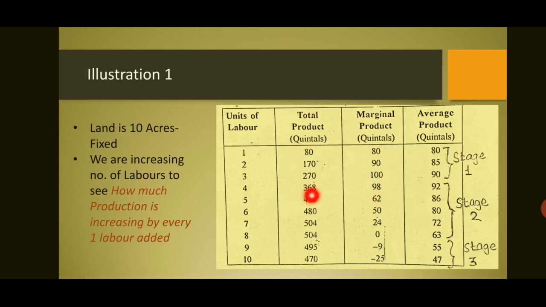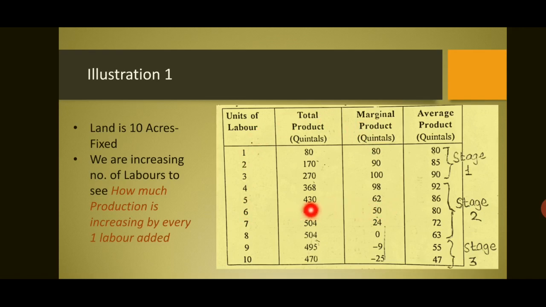Then total production is increased by only 98 units this time. What will happen next if we are going to increase labor by one more unit? If we are going to increase labor by one more unit, that is fifth labor, we only get additional 62 quintals of production.